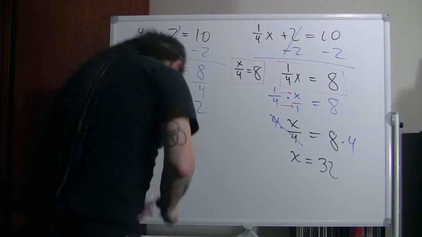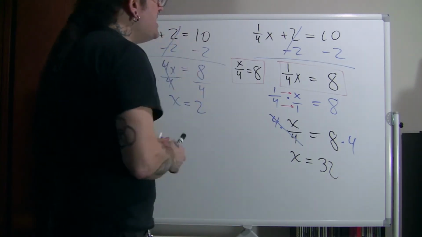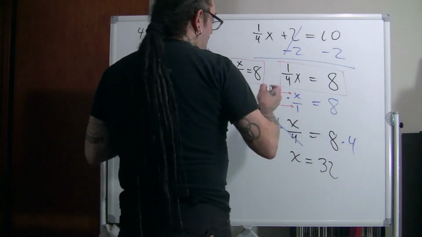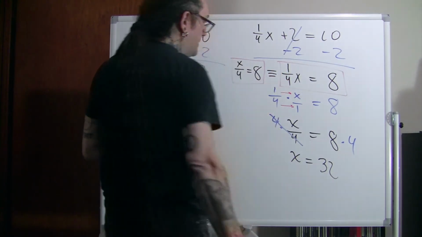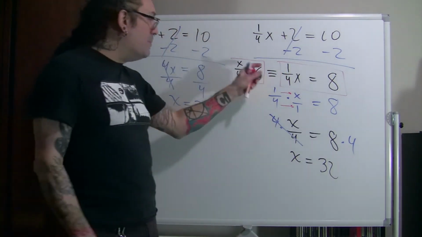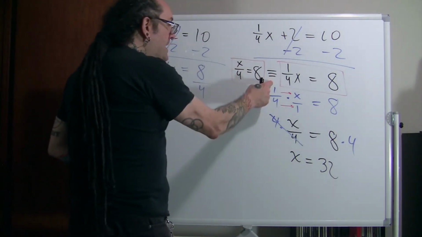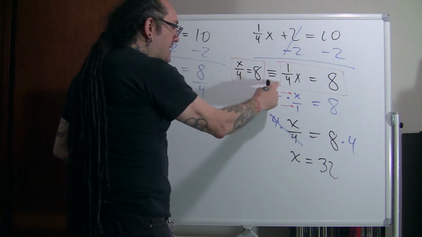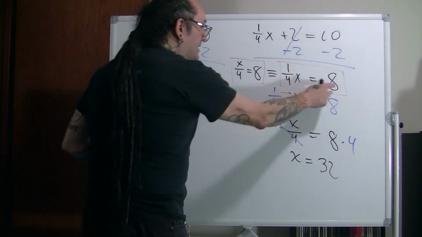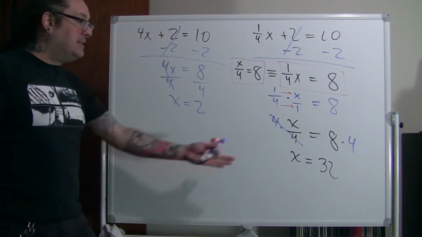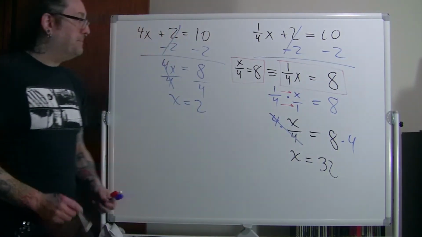And the way mathematicians denote that is by the 3 horizontal bars. 3 bars. It's like an equal sign, but with 3 lines. This means that x over 4 equals 8 is the same thing as 1/4 times x equals 8. And I just demonstrated why that's the case.